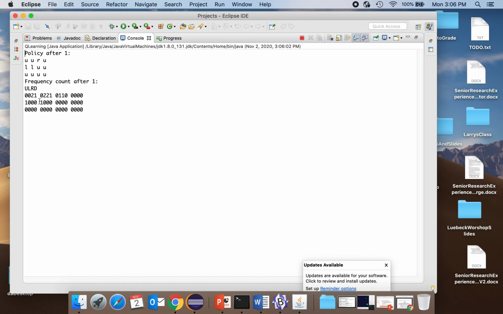So again, I'm telling you the best policy so far, just like in the other animation. It's kind of interesting to figure out, how do we actually get here? Because this is only after 1 episode. And so we went up, we went right 2 times, we went left 2 times, we went right once, left once.